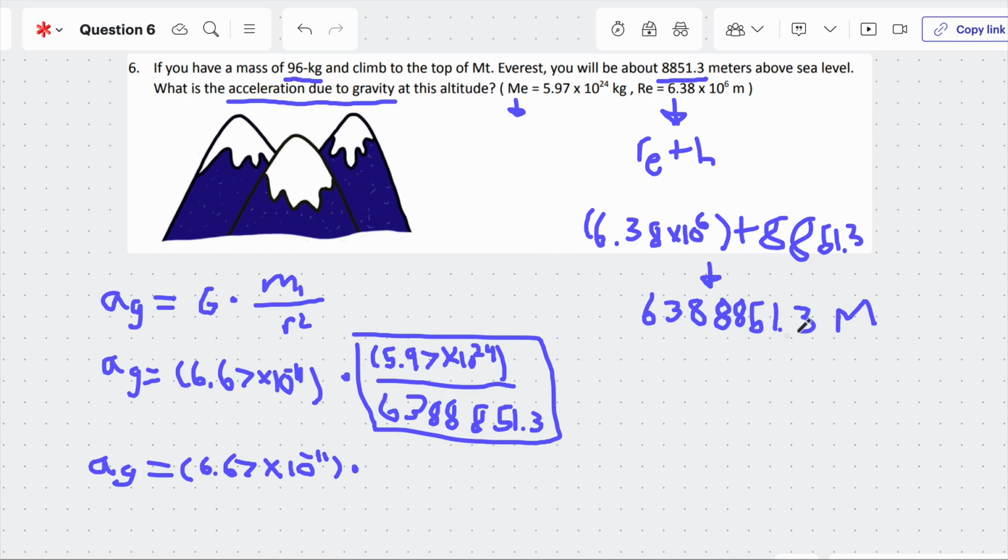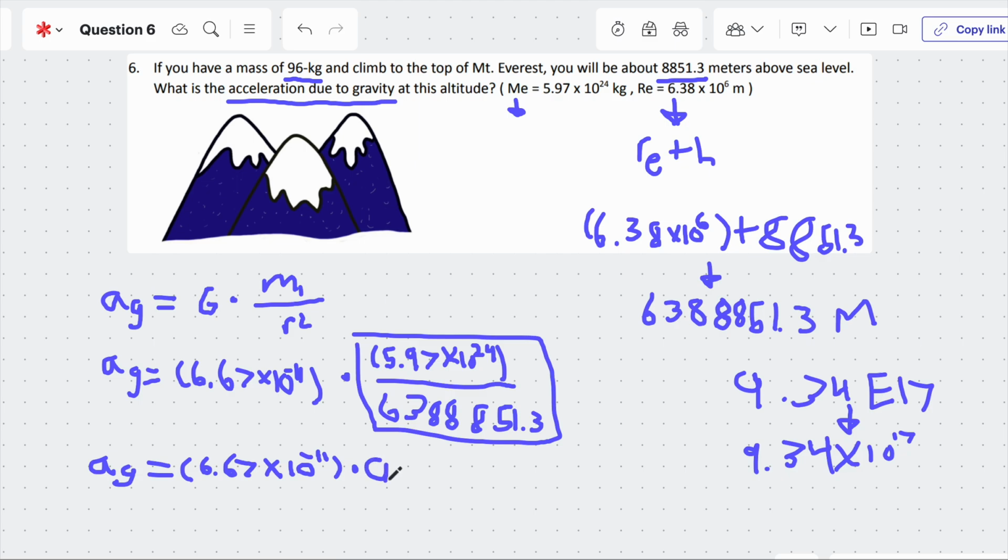It might show up as a long string of numbers like this, or it might show up as like 9.34E17. E means 10 to this power. So this would be translated to 9.34 times 10 to the 17th. This is what I got.